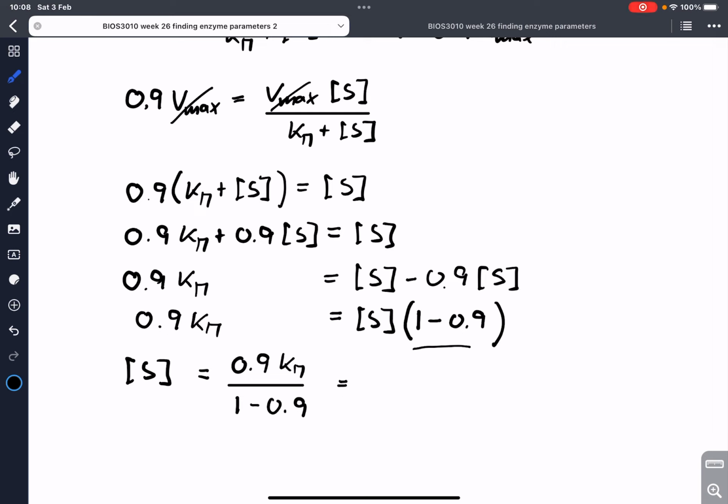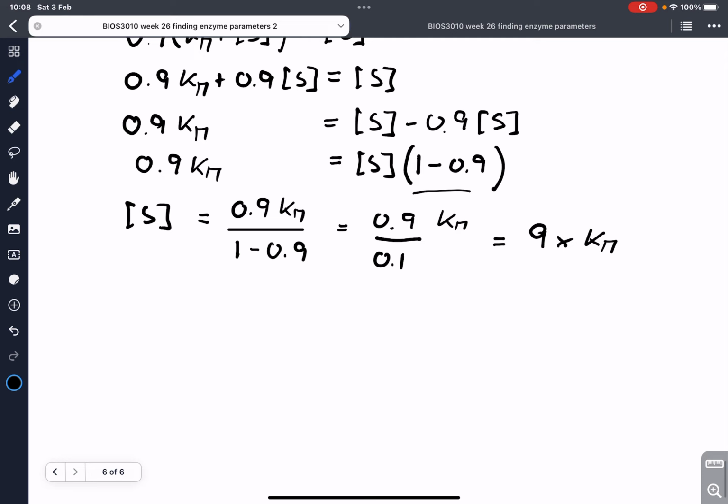And that gives us 0.9 times Km divided by 0.1, or we can calculate that 0.9 divided by 0.1 gives us 9 times Km. So at a substrate concentration that is 9 times Km, we would get 90% of Vmax.